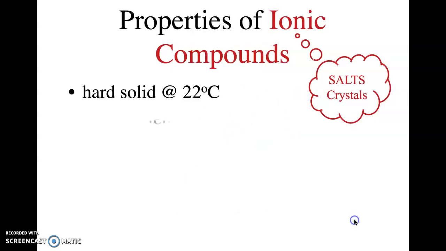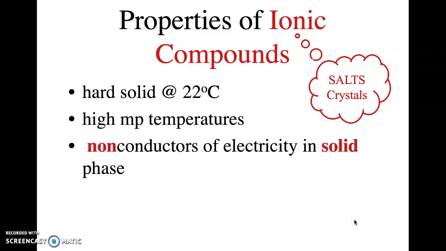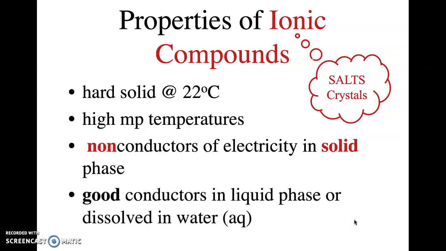Properties of ionic compounds. They're a hard solid at room temp. Room temp is 22 degrees Celsius or around 72 degrees Fahrenheit. They have high melting points, as we talked about. They are poor conductors in solid phase, but they are good conductors in liquid phase. This is not like we were talking about with metals.